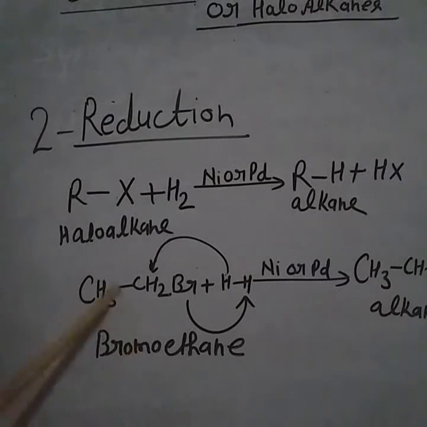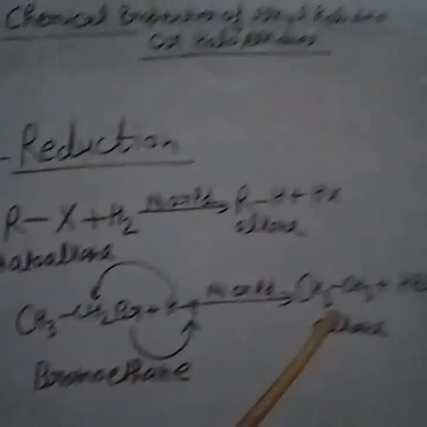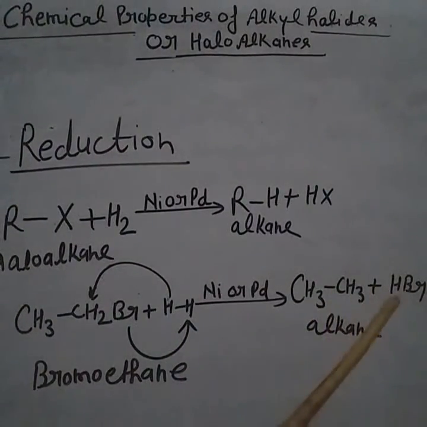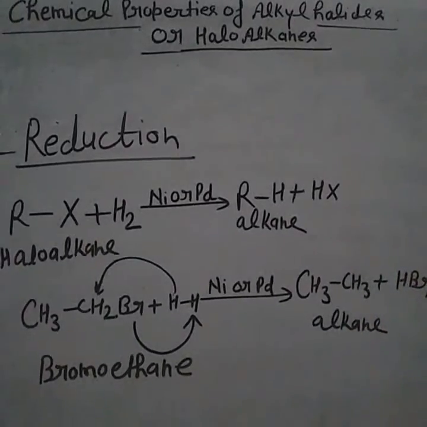In the next reaction, when bromoethane reacts with hydrogen, it reduces the bromine in the presence of nickel or palladium, then forms alkane and produces HBr.